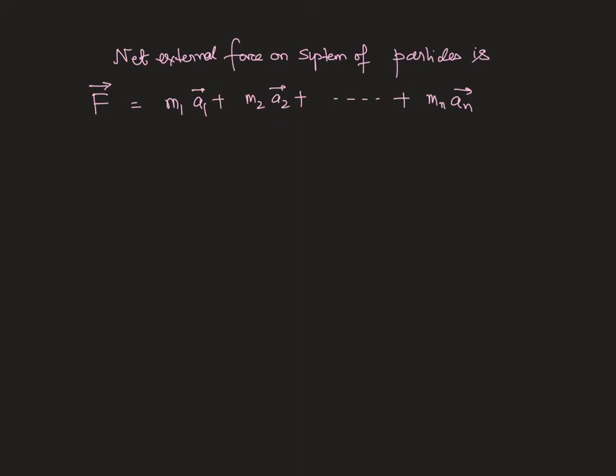Now, the net external force on the system of particles is given by the following expression. You can refer to lecture number 1 on momentum. This is actually what we call Newton's law for a system.